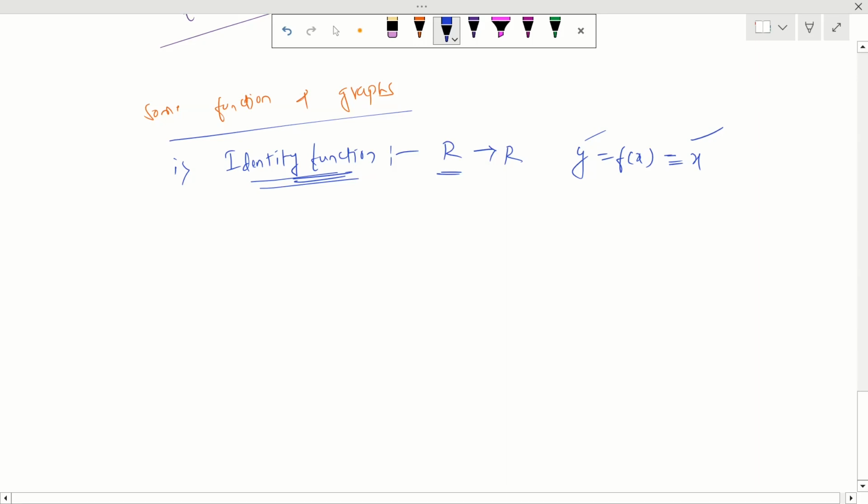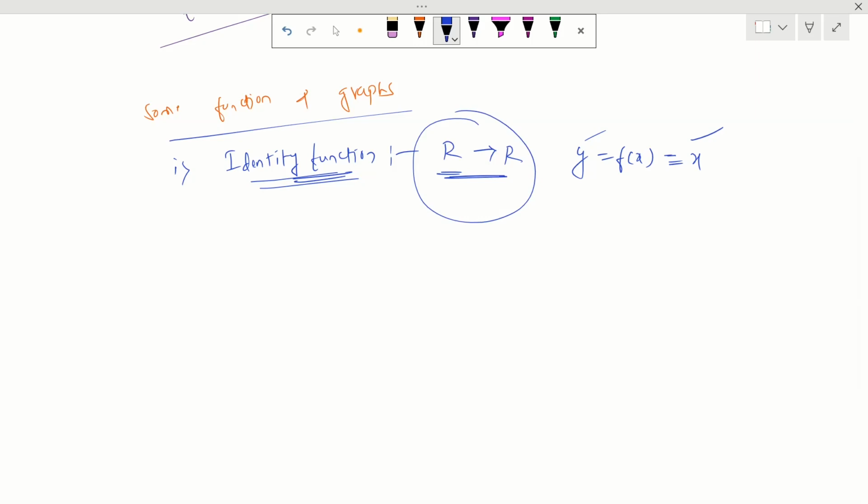So when we have a function relation of real numbers, and we get x = y, such a type of relation is called an identity function.